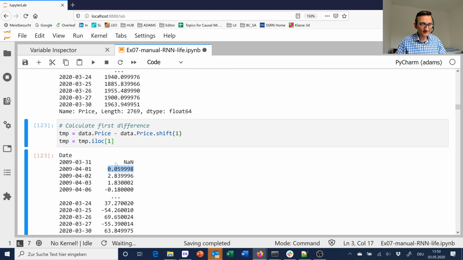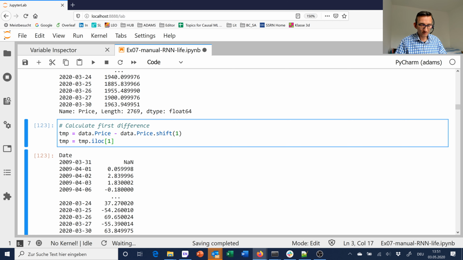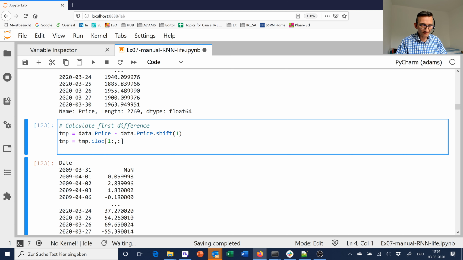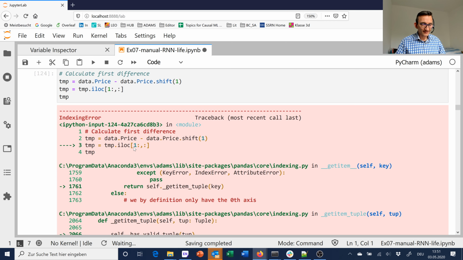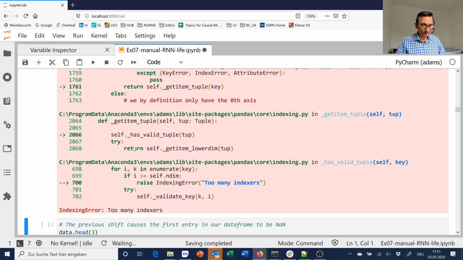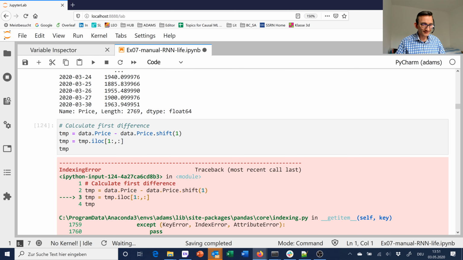Remember, index 1 is the second observation, till the end for all columns. That's basically how I set up my data, or at least how I planned to set up my data.